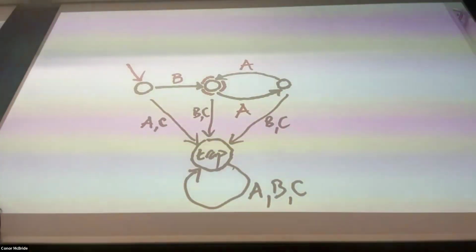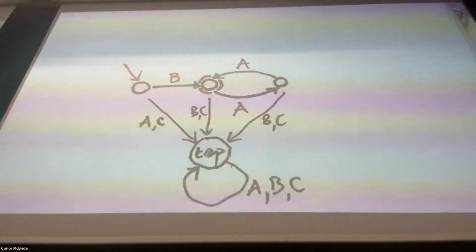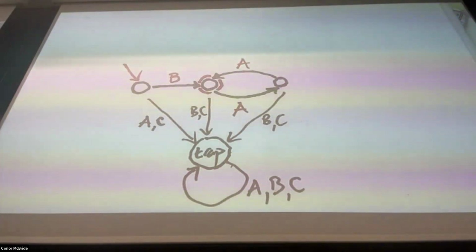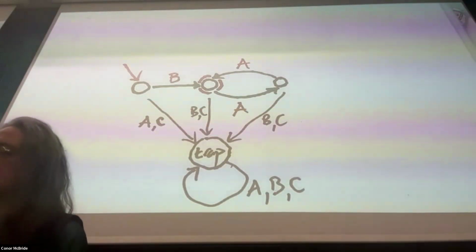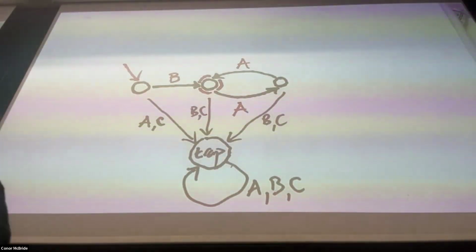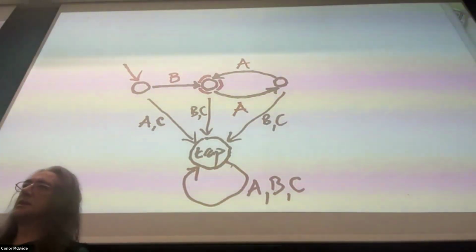And once you're in the trap, you can't get out of the trap, and the trap is not accepting. So that's how we make what's called the transition function total, like adding this extra state.